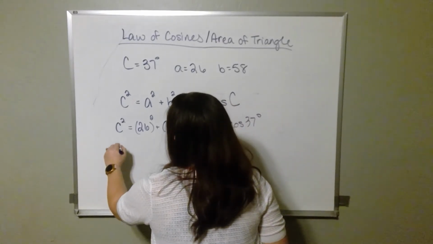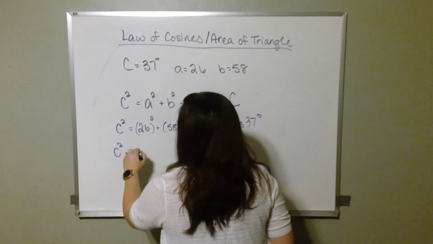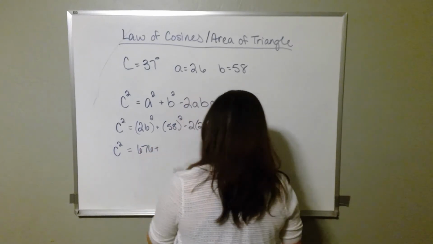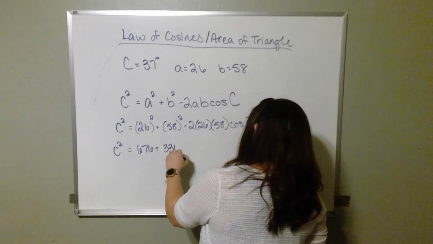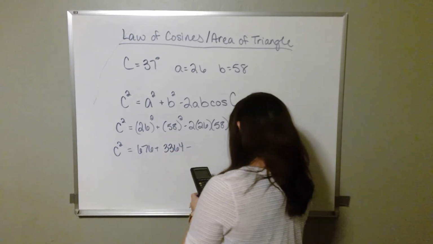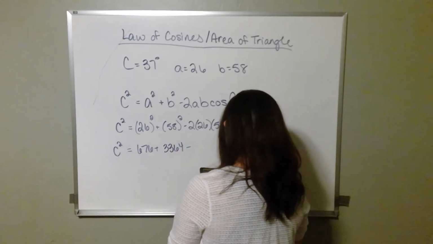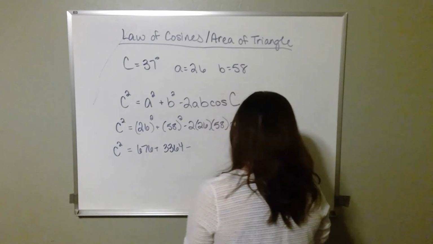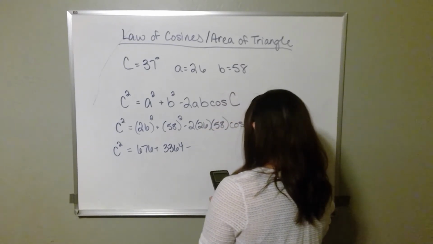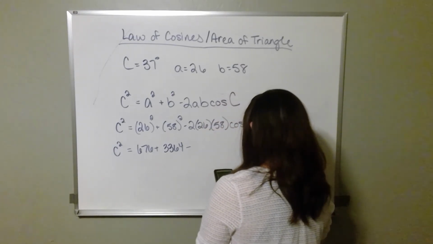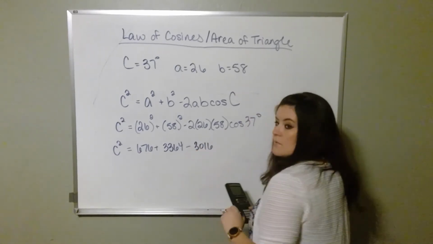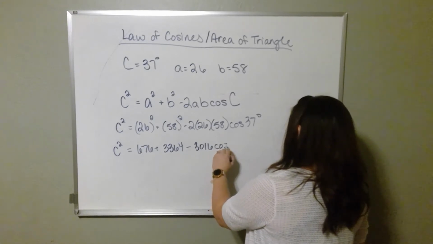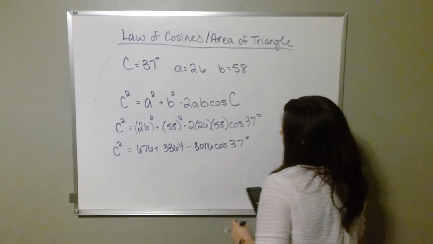I already know what 26 squared is because I just did it in the last problem. So I have 676 plus 3364 minus, hold on, 2 times 26 times 58, which is 3016, so 3016 times the cosine of 37.